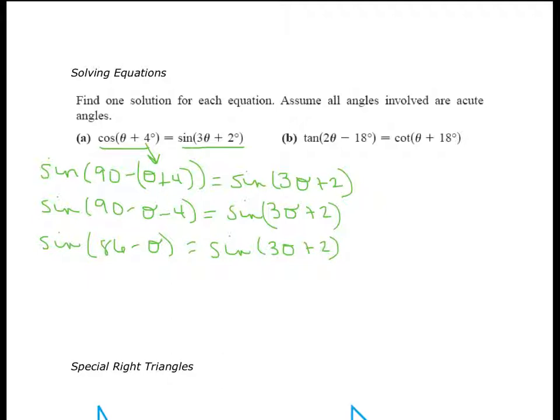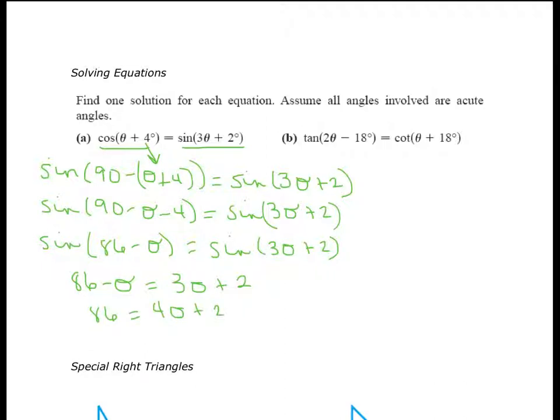And it's at this point you can drop the sines. So now you're going to get 86 minus theta equals 3 theta plus 2. You're going to do your algebra. So we're going to add theta to both sides. So we get 86 equals 4 theta plus 2.